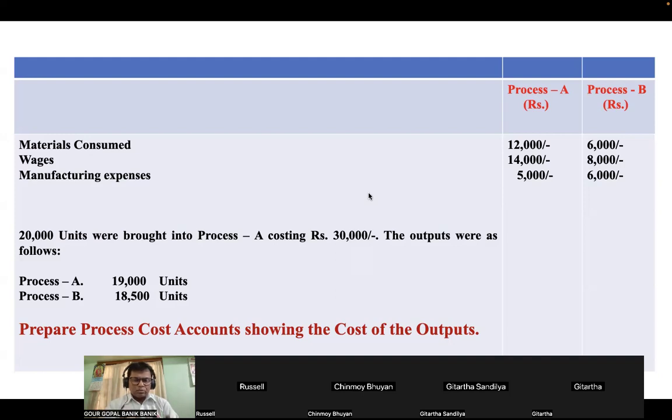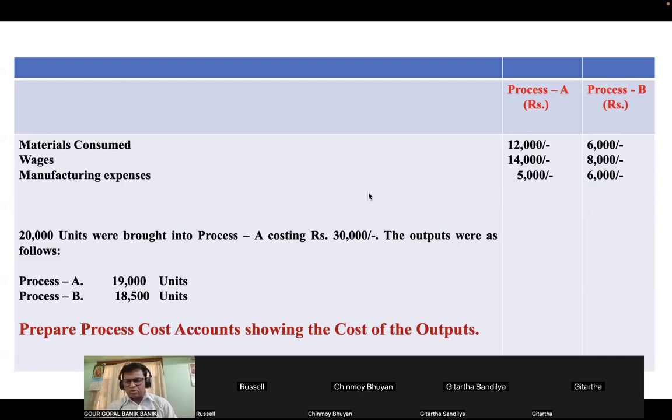These are the main units or main products. But for making egg curry, don't you need haldi, turmeric? Don't you need oil? Don't you need salt? These are other materials consumed. And then for cooking, you need to pay some money to the cook. There are wages. And there are some other cooking expenses, maybe gas or electricity, and other manufacturing expenses are factored. So that way items are coming.